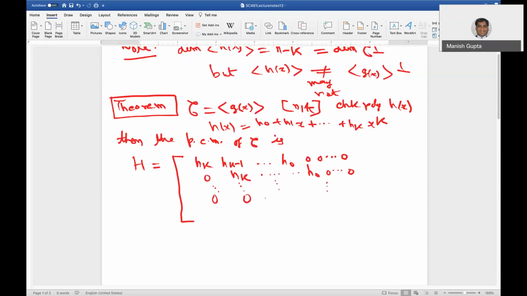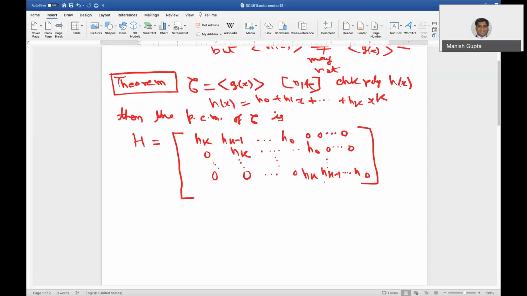Somewhere down the line it will be hk, hk minus 1, ..., h0. So all cyclic shifts of the first row. So this is our first thing, that the parity check matrix will be this.